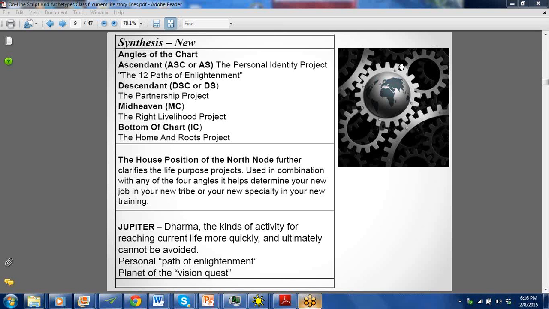This is why, because of this class, we've reworded a little bit about Jupiter. And you might want to take a look at the new way we're describing Jupiter. It seems that about 20 years ago or so, I might have made a comment, Jupiter, the fastest path to enlightenment.